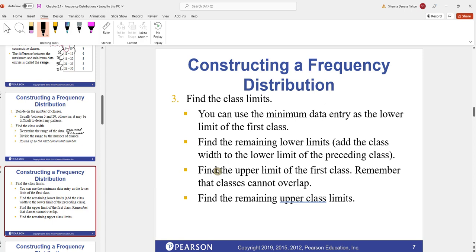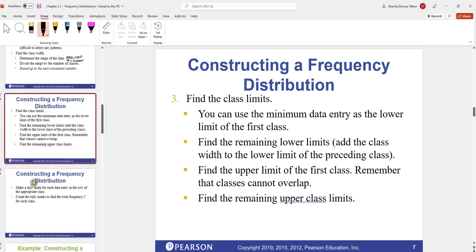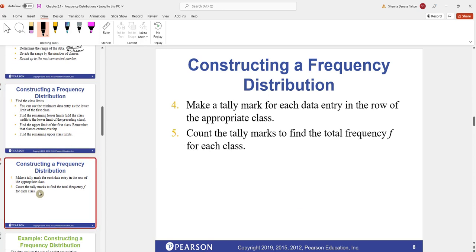The upper limit of the first class is usually 1 below the lower limit of the next class. I know that sounds confusing, but you'll see in a few minutes. And remember, your classes cannot overlap. Then you'll find the remaining upper class limits. Then you make a tally mark for each data entry in the row of the appropriate class, and you count the tally marks to find the total frequency of each class.